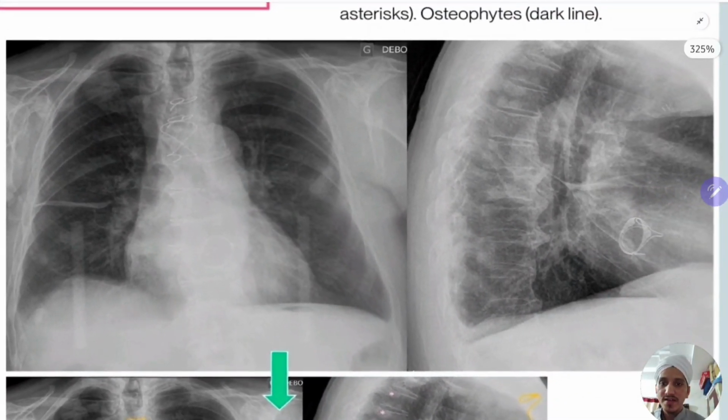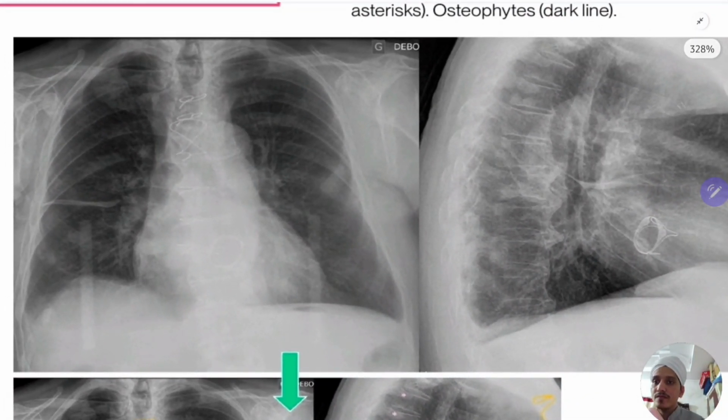In this chest X-ray you can see this fissure. First we will solve it systematically. Exposure is good, there is no rotation, and inspiration is also good.